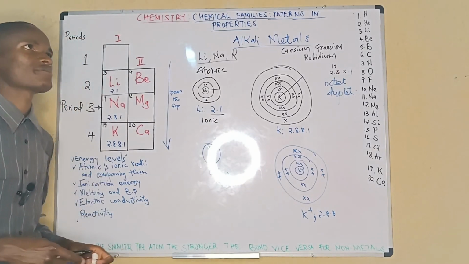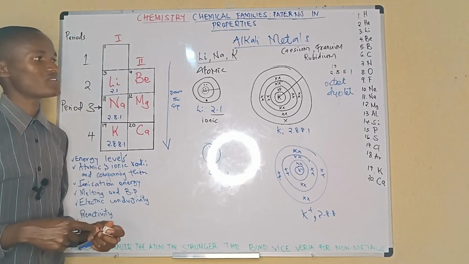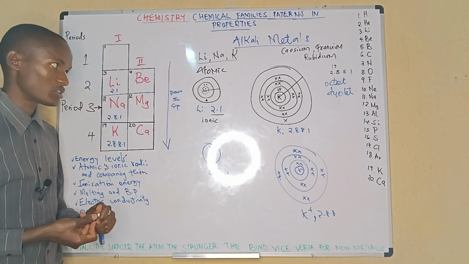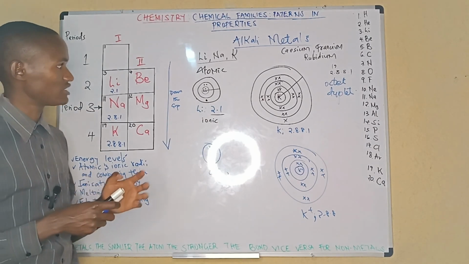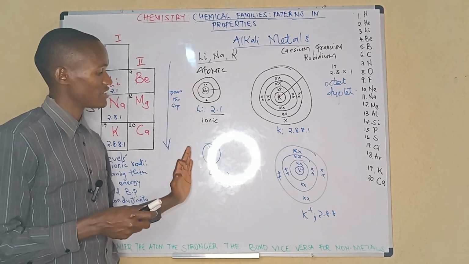And how can you describe that? That is just a saying. Maybe sometimes you're given 2 marks to state and also to explain. So the first mark is on saying that the atomic radius is bigger than the ionic radius.